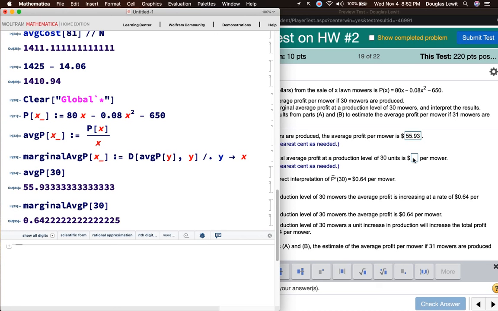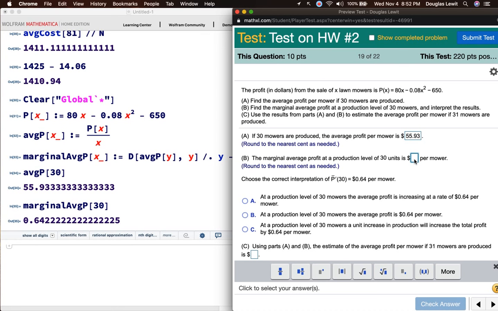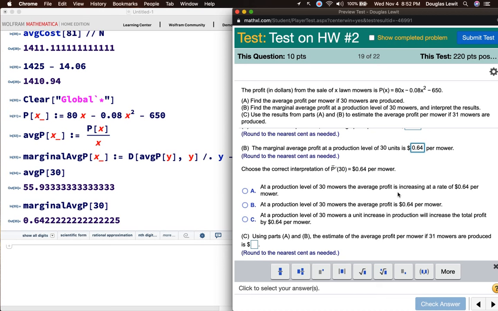That's about 64 cents. Okay. Choose the correct interpretation of the marginal average profit of 30 is equal to 64 cents per mower.